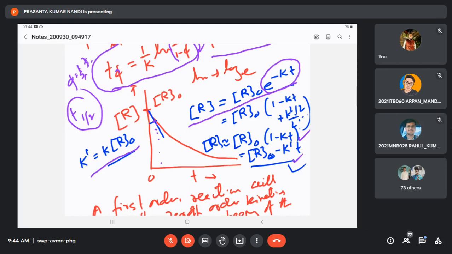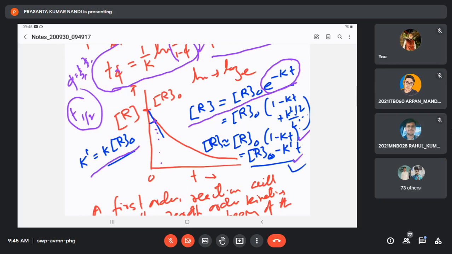As we have considered the reaction at the very start, when t is very small, in that time limit we can ignore the higher order terms in the series, that is t squared, t cubed, t to the fourth.